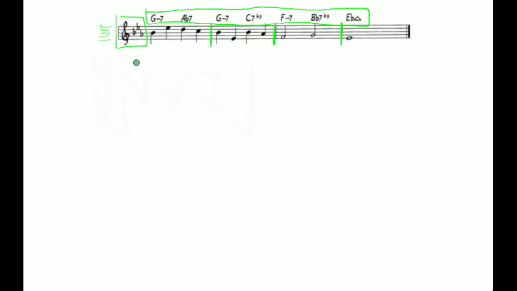Now I want you to think about this and try to come up with an answer. What are all the different time signatures that could work in this example, that would make sense? Well, 4/4 would definitely work, and I'll tell you that this particular piece is in 4/4, or common time.